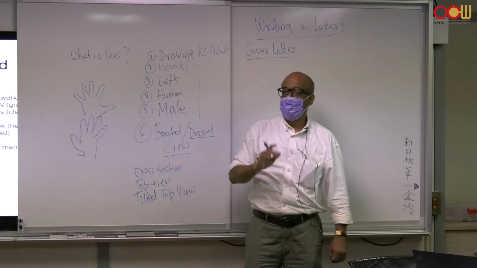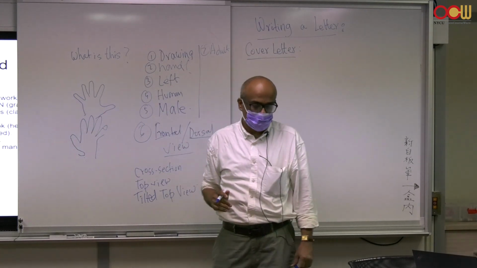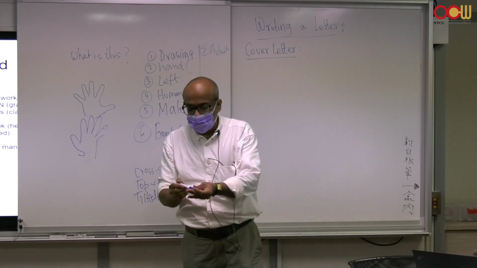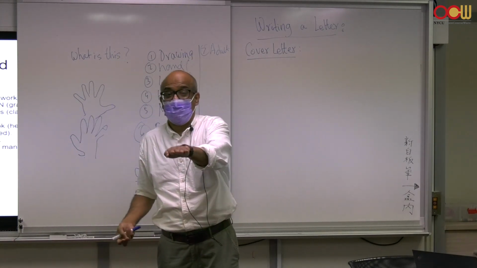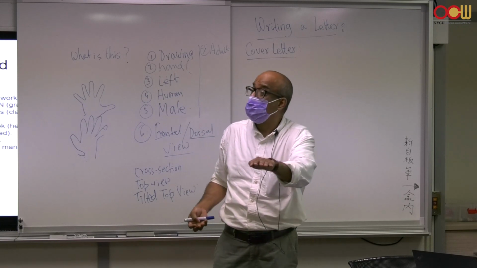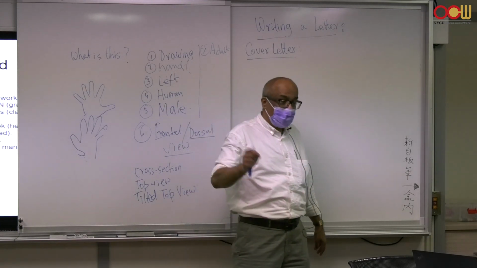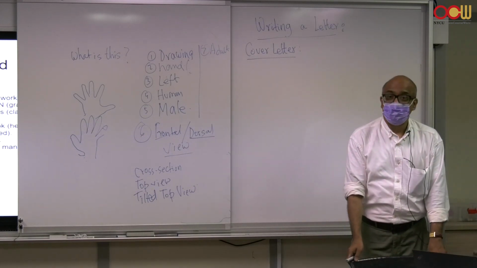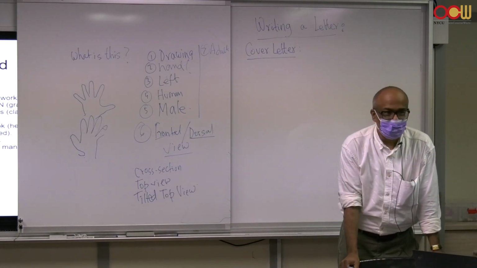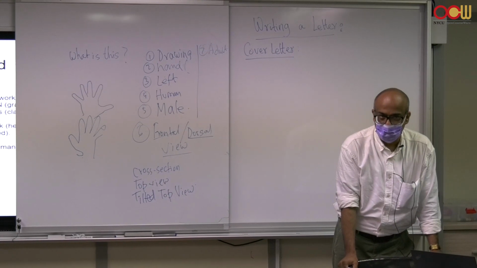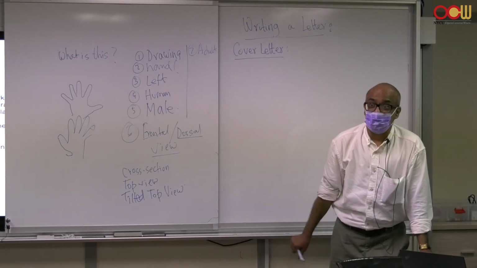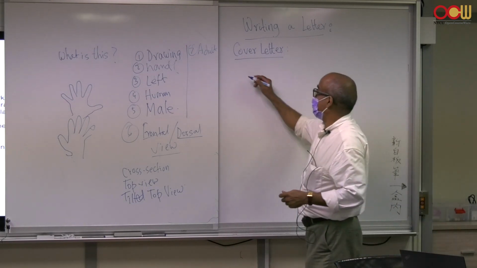So we need to know how to write a letter, because when we write our manuscript, the first thing on the top is a cover letter. So first, the job is very easy. Next, I will give you a tougher, more difficult job. The first job is pretty simple.